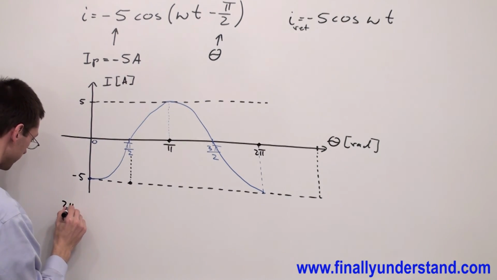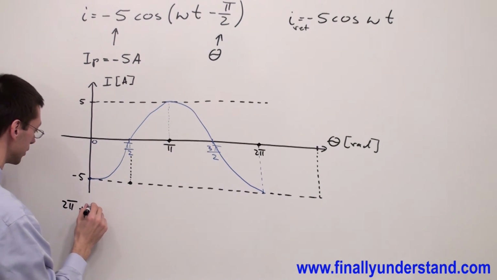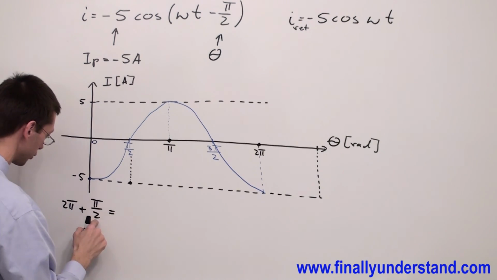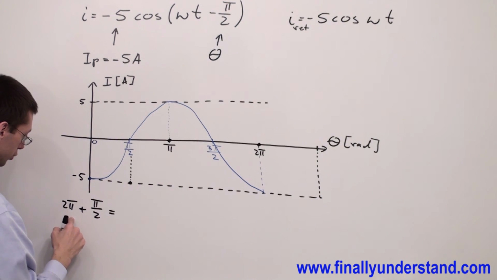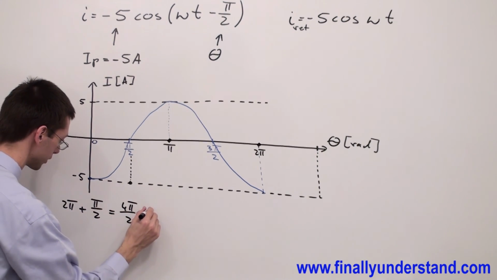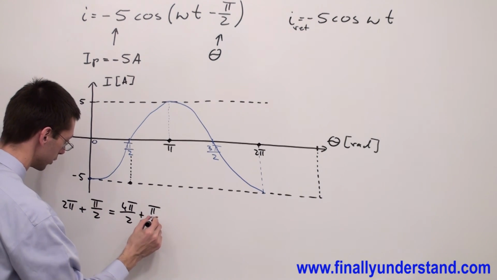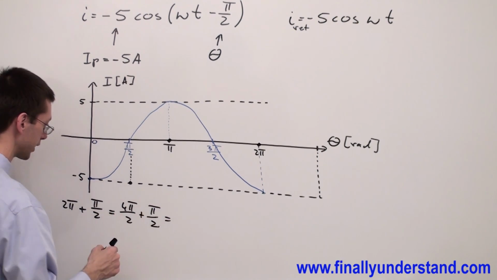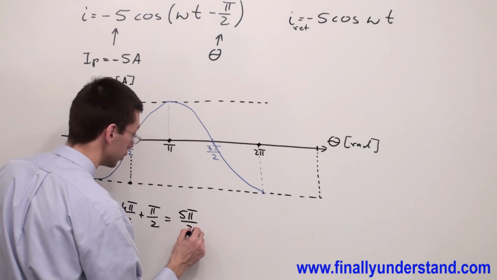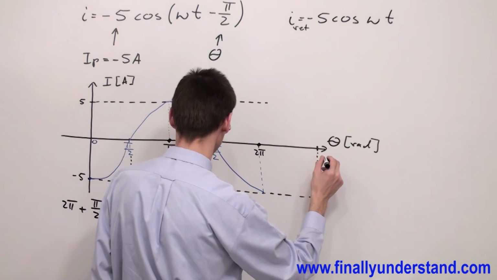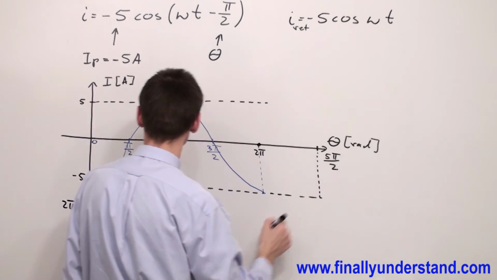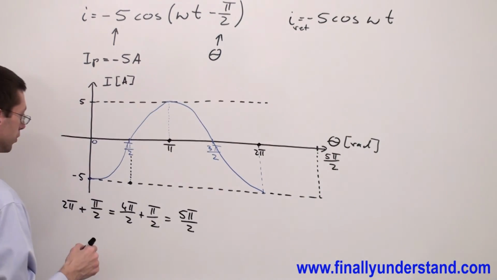2 pi plus pi over 2 is going to be equal. Common denominator is going to be 2. That's why I'm going to have 4 pi over 2 plus pi over 2. 4 pi plus pi is 5 pi over 2. So this is going to be 5 pi over 2. Now I can draw my wave.